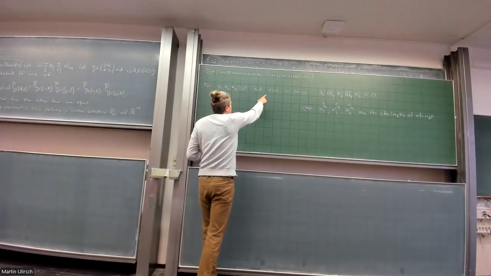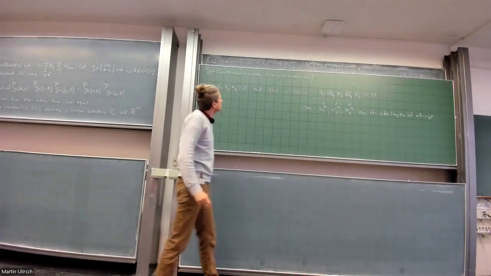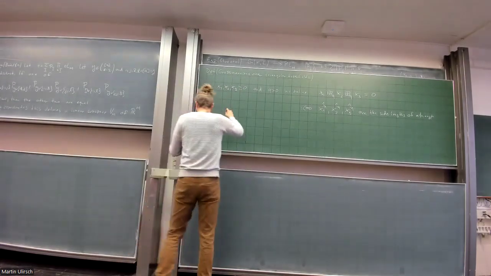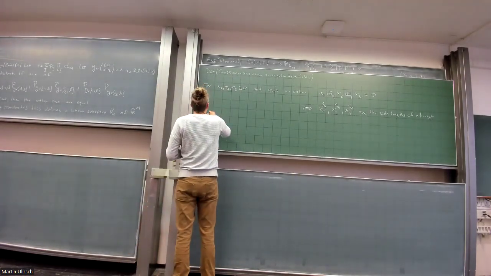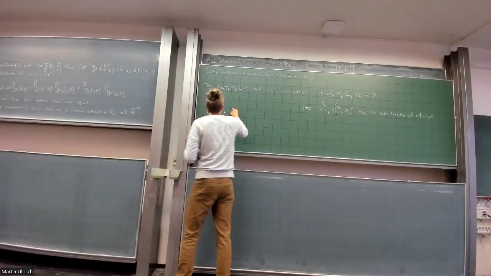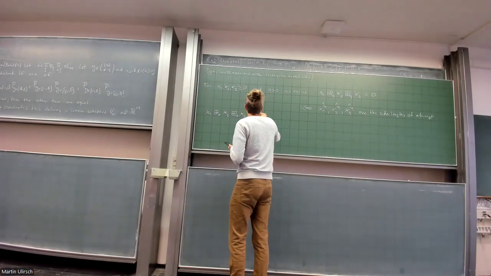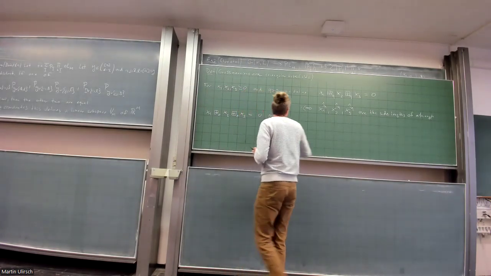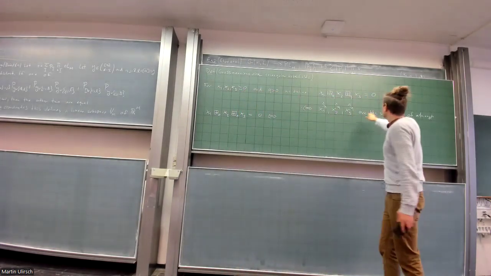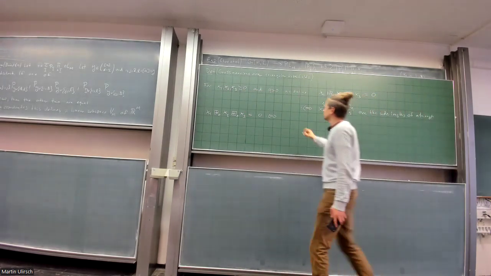We also want to go to limits. So for q equals 0, we want this to be satisfied for every positive q.